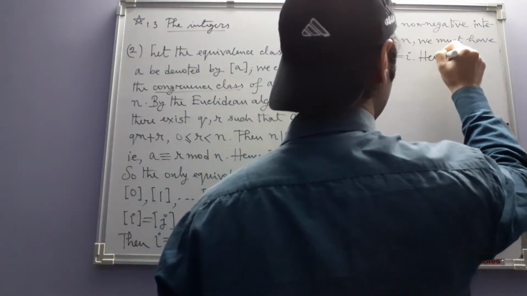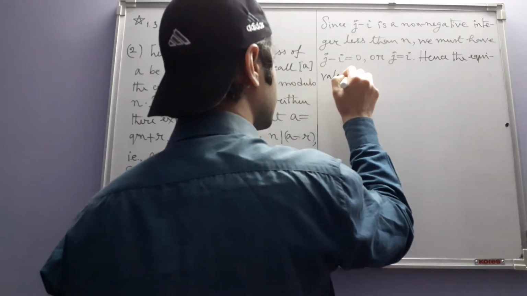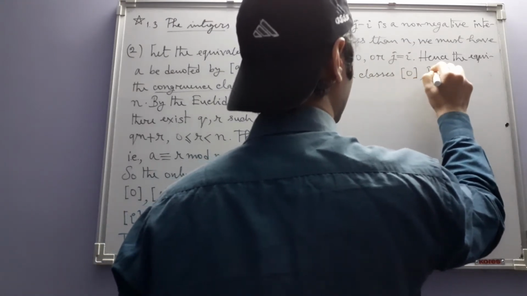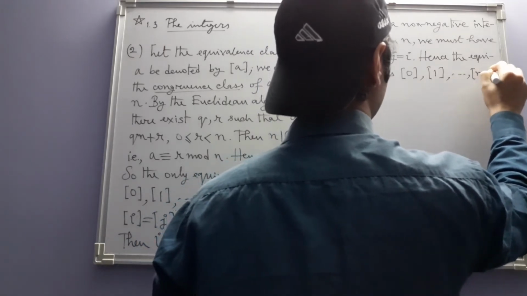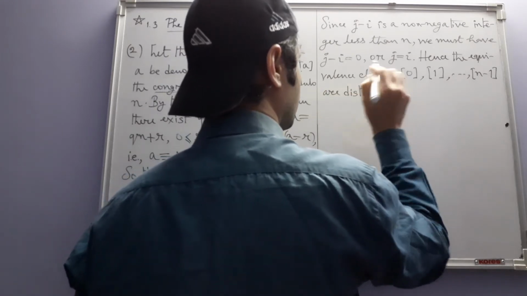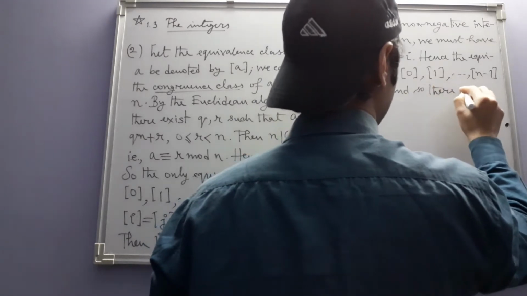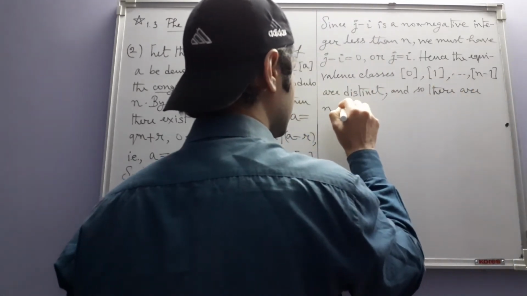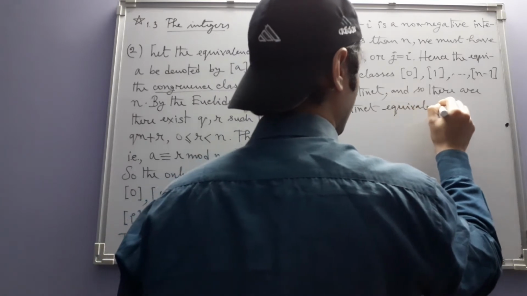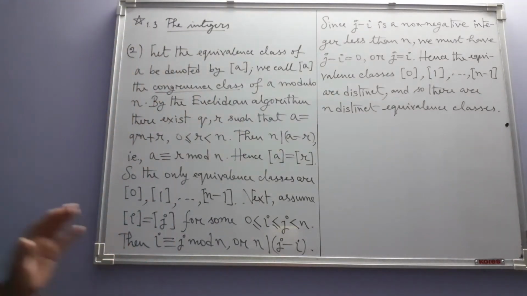Hence, the equivalence classes [0], [1] all the way up to [n minus 1] are distinct, and so there are n distinct equivalence classes. Okay, so this completes the proof of the second subdivision.